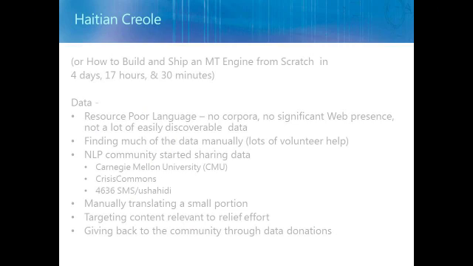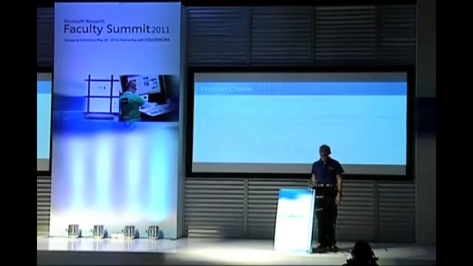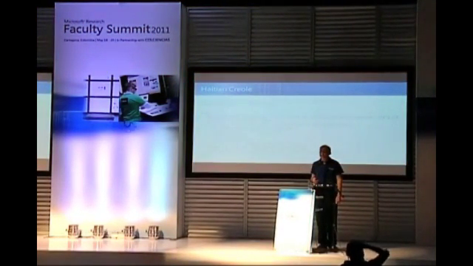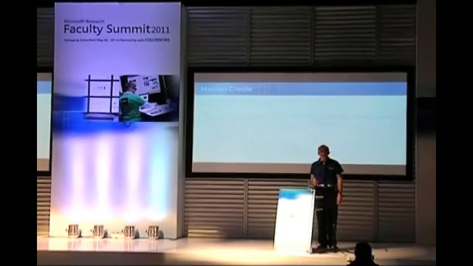Okay, a benefit of using a statistical MT system is the speed with which you can build a system, given that you have large amounts of data to actually train the system on.